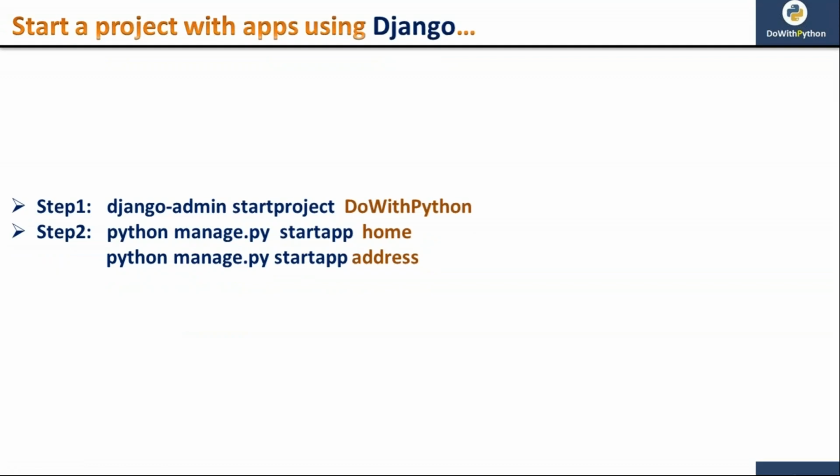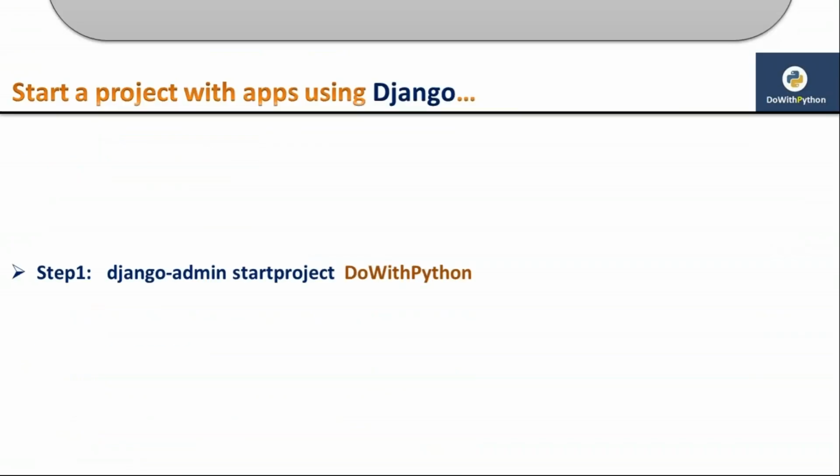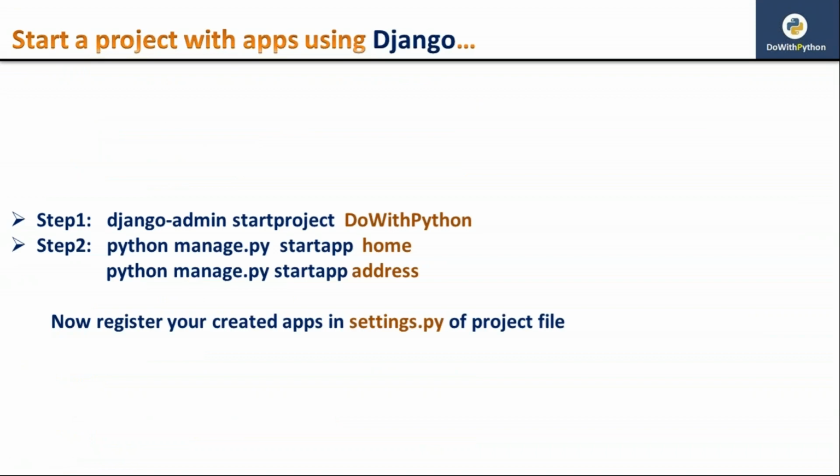Now your project's directory structure will be like this. Your main project, under that again your default directory, then manage.py. Along with that, in the same directory you have your home and address apps. Next, we have done this, right?